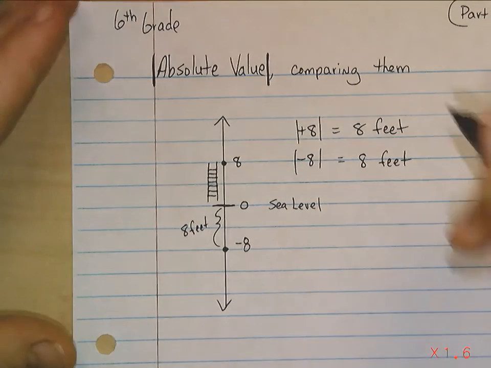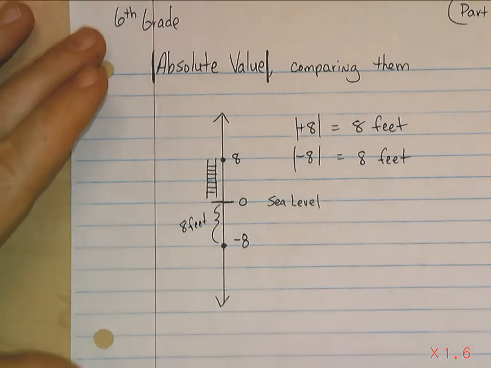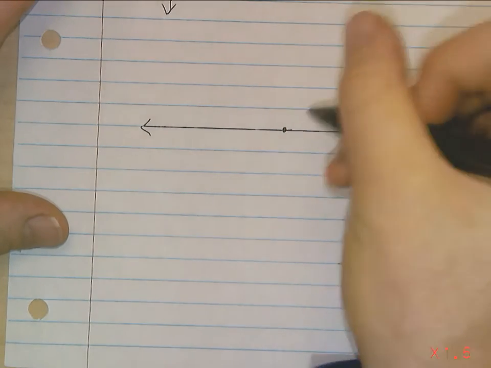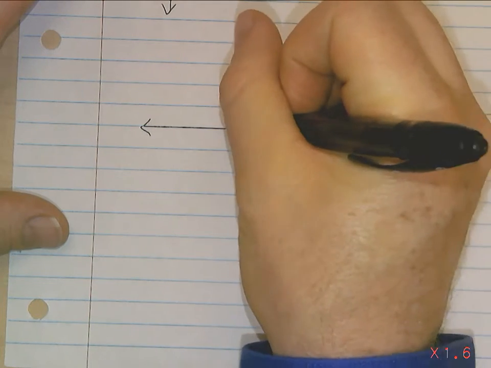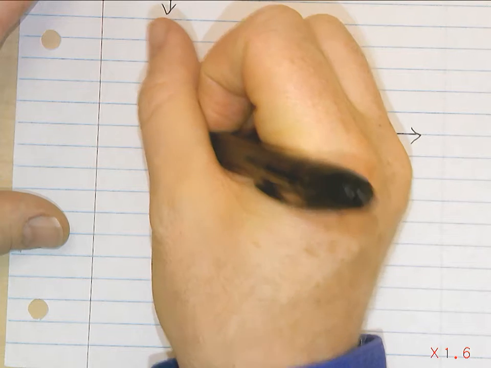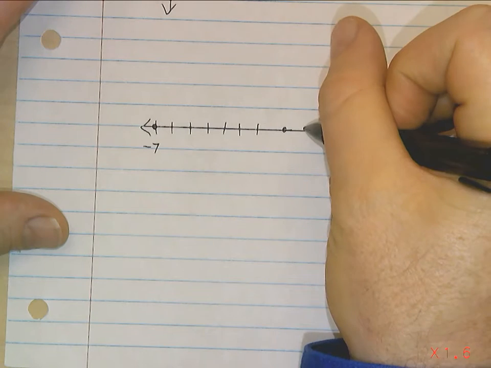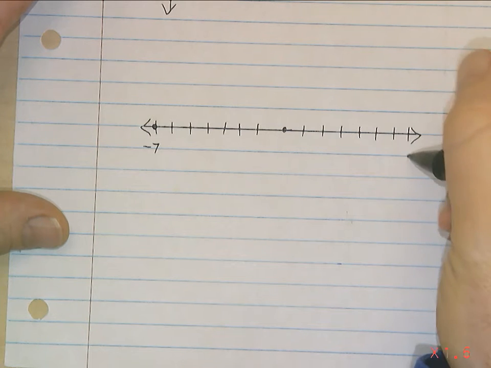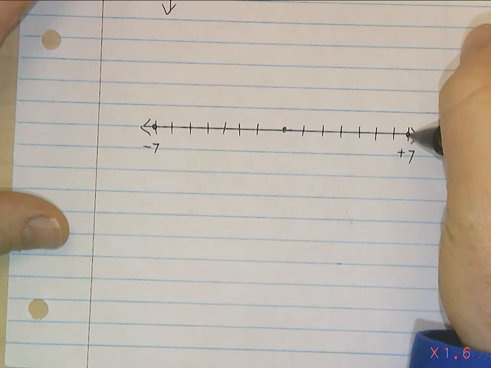How far is it from 0? So very similar to a horizontal number line. I've got 1, 2, 3, 4, 5, 6, 7, so I've got negative 7 here. 1, 2, 3, 4, 5, 6, 7, I've got positive 7 here.